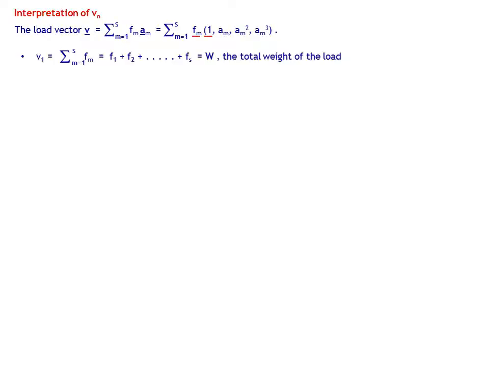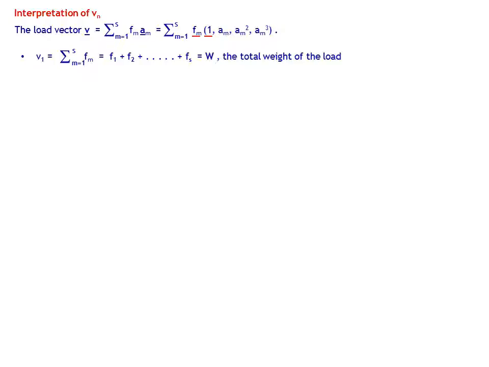Here I'm going to look at load vector v, in particular its components v_n, and see if any of them correspond to physical quantities. So first of all we'll look at v1, which is the sum from 1 to s of the point loads f_m.